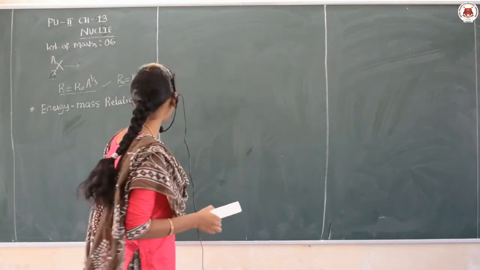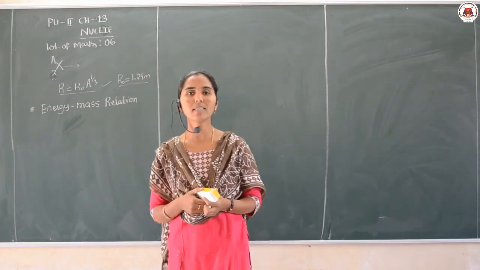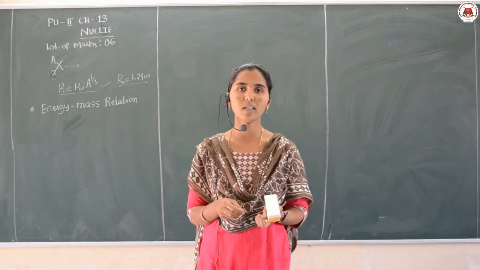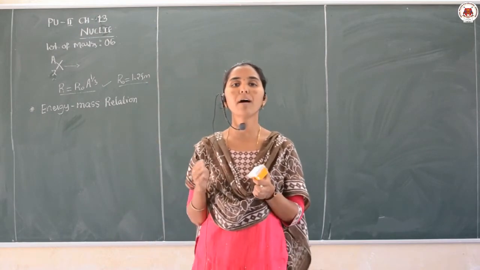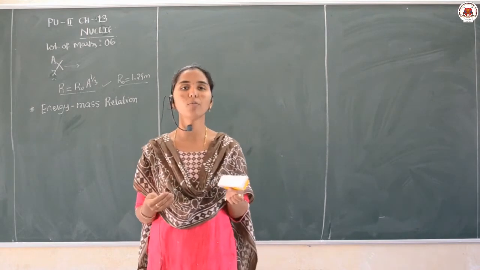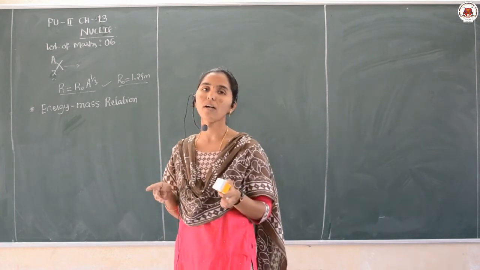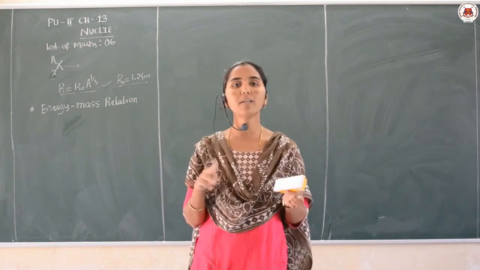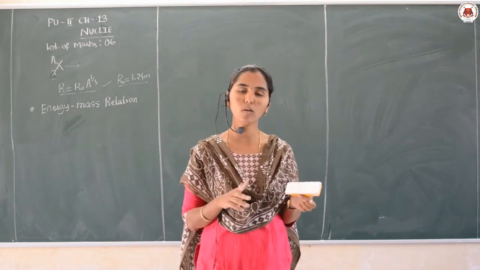And here, in the earlier days, the scientist Einstein gave a proper relation between the mass and the energy. By considering the theory of relativity, he gave an expression for how the energy can be converted into mass and the mass can be converted into energy.